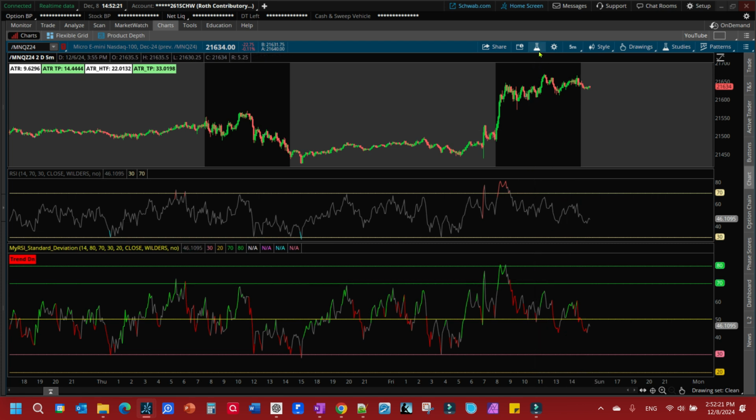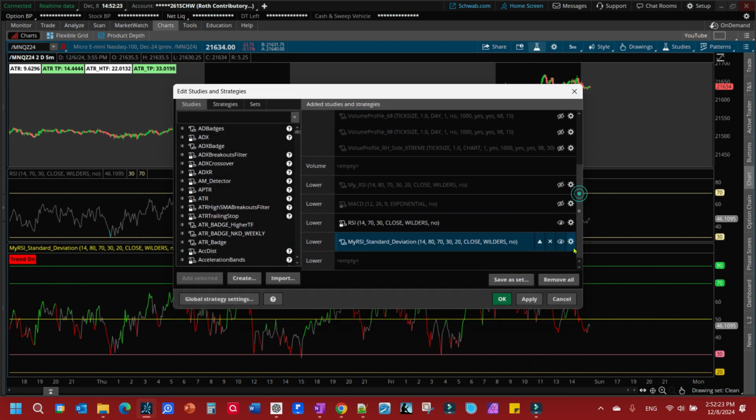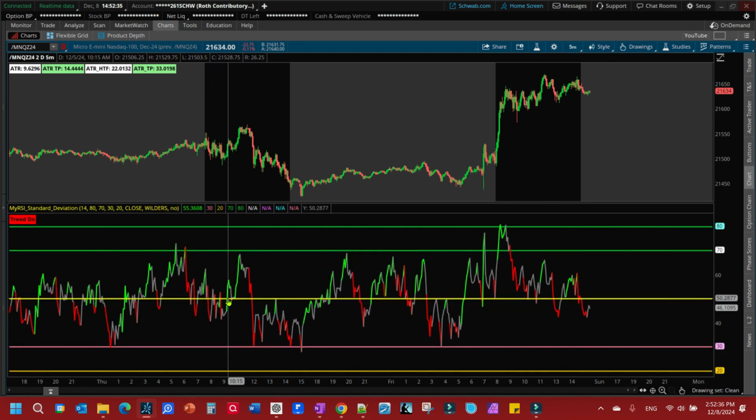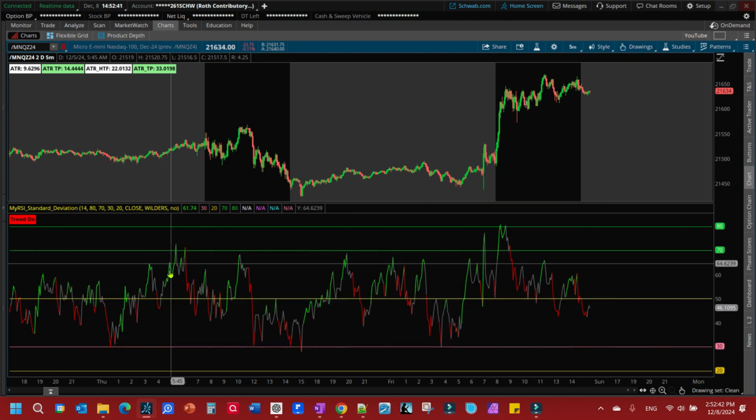What I have done here, let me go ahead and turn the regular RSI off here. Okay, what I have done here is I've created an RSI that's going to factor in standard deviation from the mean. If it's one standard deviation above the mean, it's going to fire off a green line.